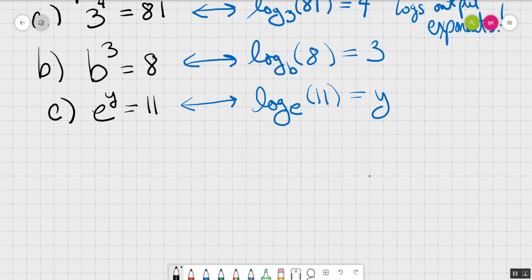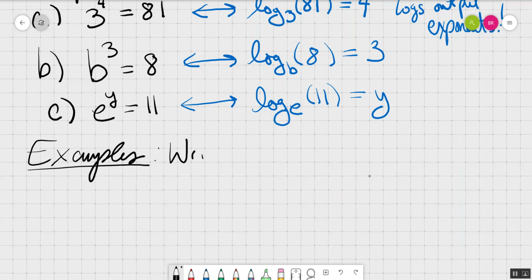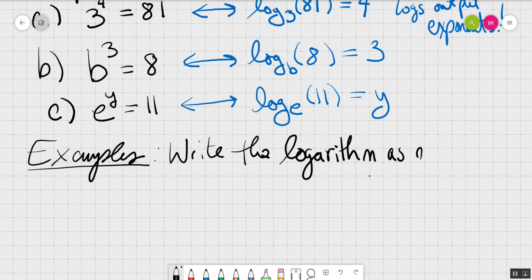This time, rather than writing the exponential as a logarithm, we're going to write the logarithm as an exponential. So we're going to go the other way. Here we go.